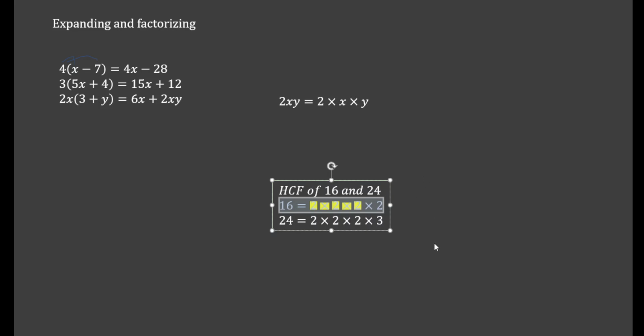Let me take off this and this. Right? So these are the common factors. So the highest common factor, which means 8 is a factor of 16 and 8 is a factor of 24. There are other factors that are common, but the highest common factor would be 8.